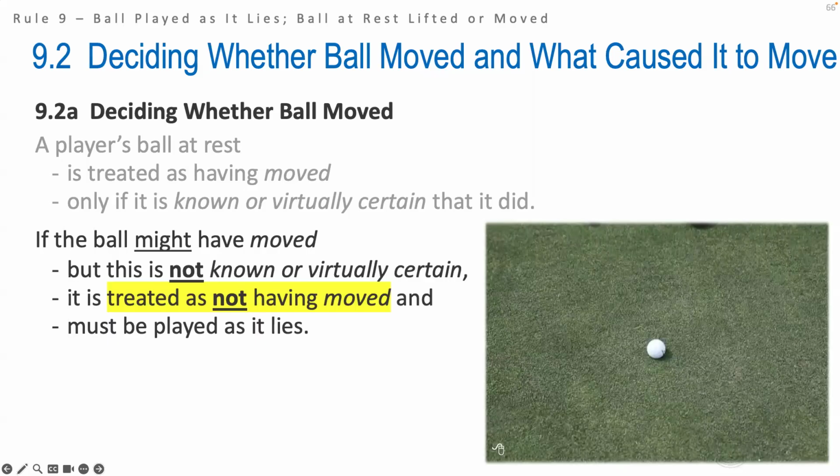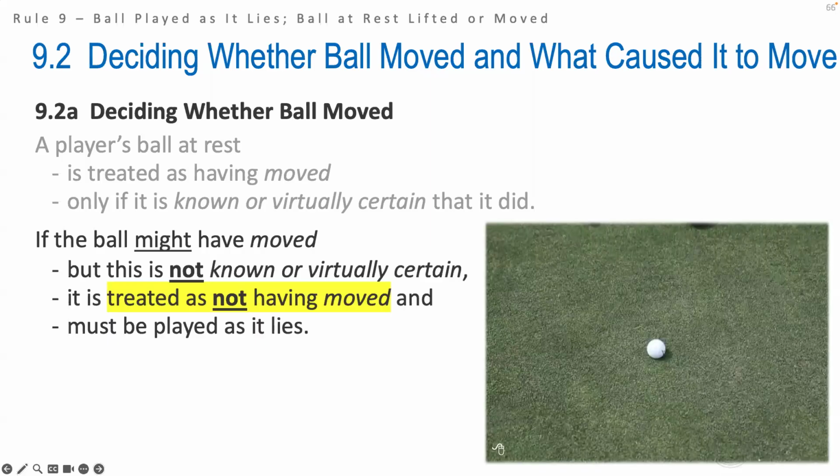So an example of when it is not known or virtually certain: players A and B play their approach shots to the putting green. They could not see the two balls come to rest. Unknown to the players, player B's ball struck player A's ball at rest, and it rolled some distance farther from the hole.